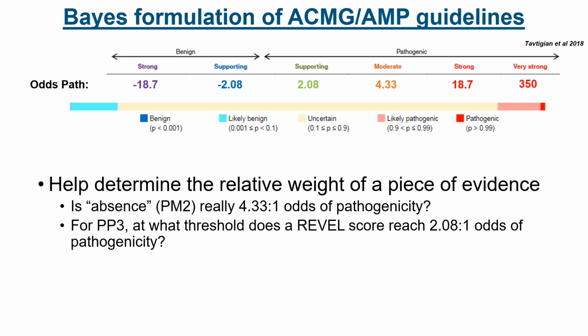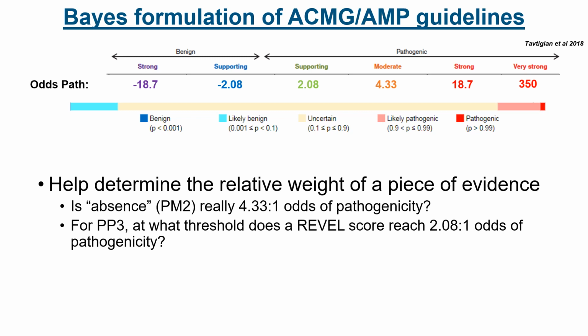And so what this means is this is now a helpful way that when you want to calibrate your specifications for a gene, to be able to use these odds to determine what is the right strength of evidence. So for example, as I mentioned before, we have suggested that absence, PM2, should be moved down to supporting. And that's because a moderate piece of evidence should be 4-to-1 odds of pathogenicity, meaning for every 5 rare variants, 4 of those should end up as pathogenic.